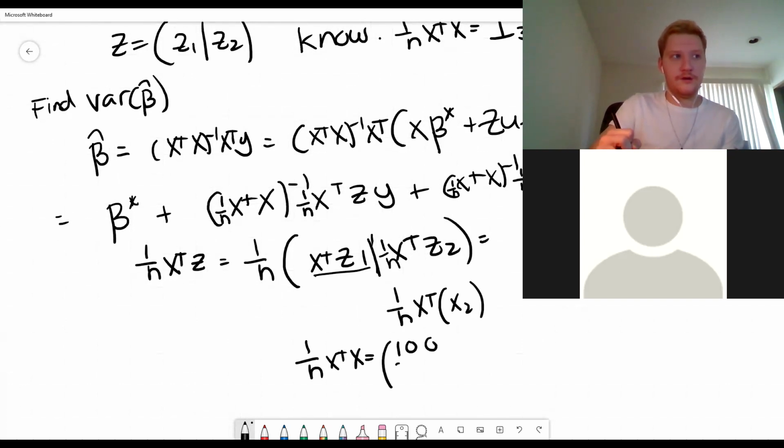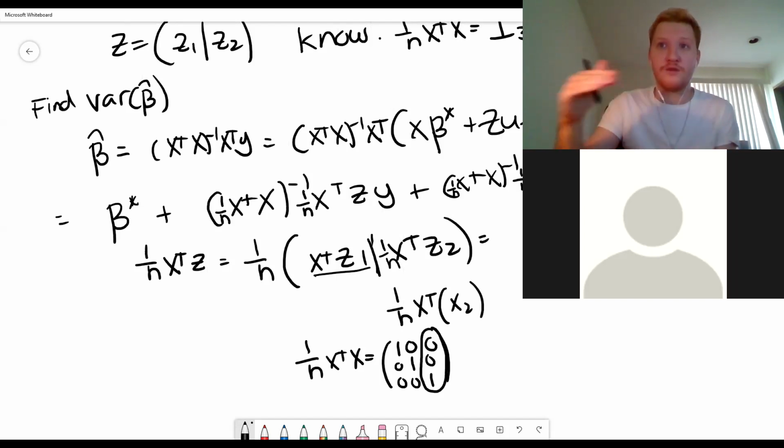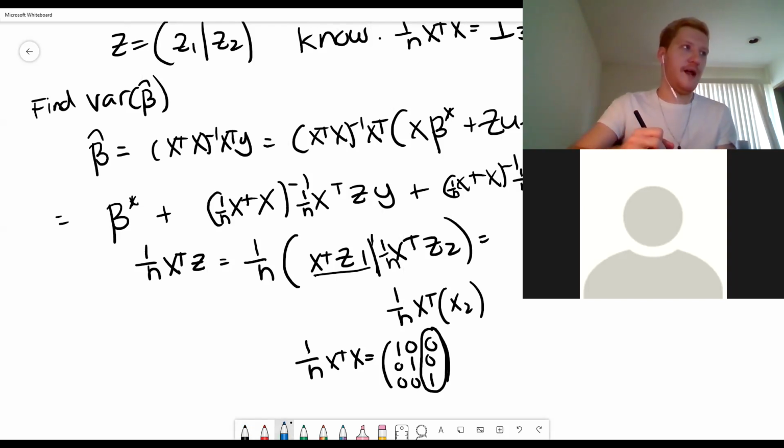So if we multiply this by the third column in X, we'll get the third column of this matrix, because that's what we're doing. So then 1 over n X transpose Z2 is equal to the third column of 1 over n X transpose X. If you want, maybe write that down and think about it.